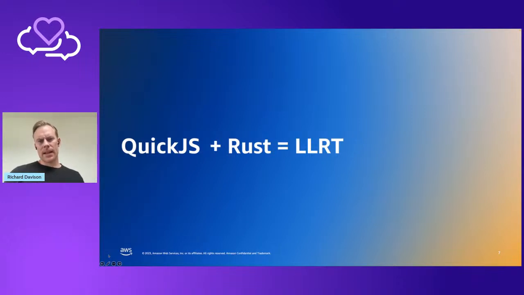It also means that if you try to use an API in LLRT that is not supported or not implemented yet, you can switch back to Node and you don't have to change your code. So no effort has been wasted, and you can simply move back and switch between the two.